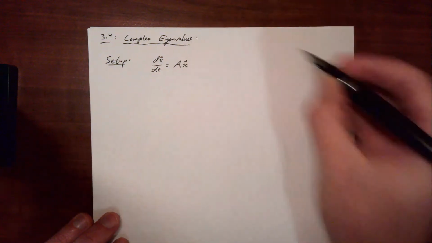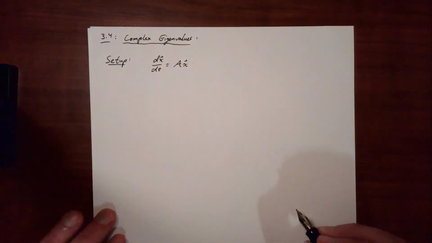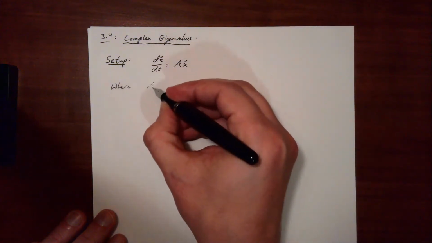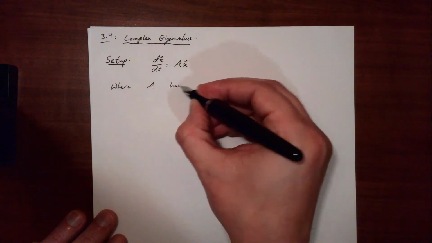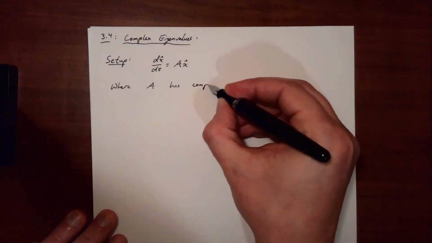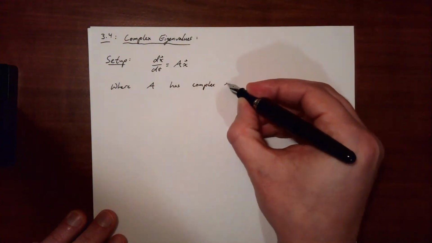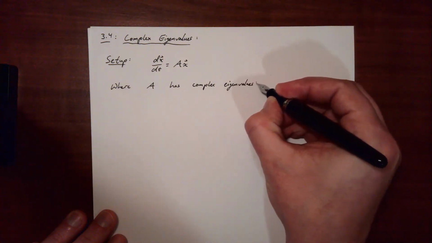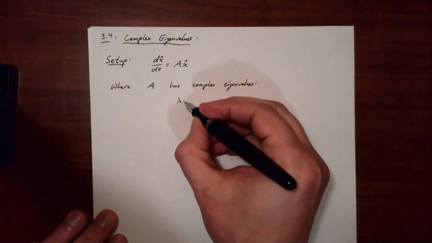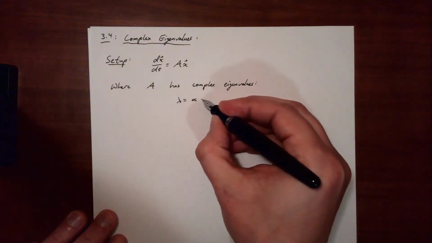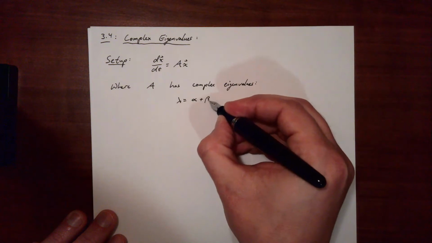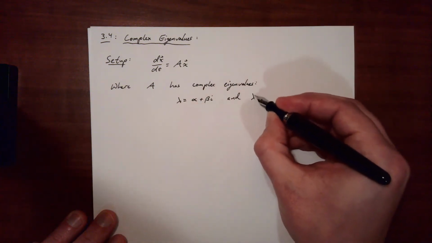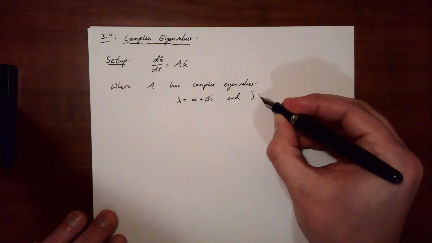So in other words, we have our usual sort of system where A has complex eigenvalues, lambda, which equals alpha plus beta I, and the conjugate of lambda.